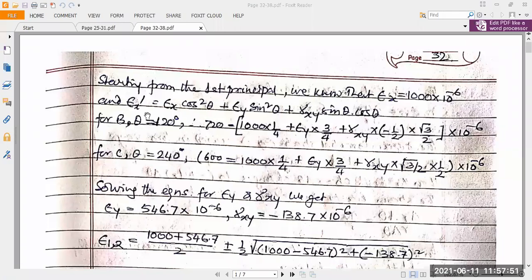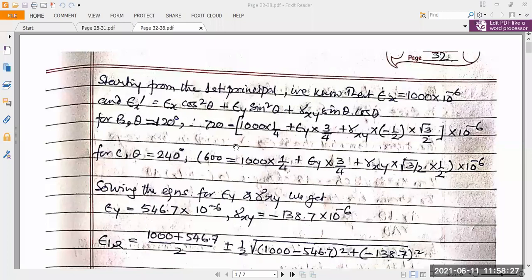The angle between PQ dash and PQ is equal to theta itself. So the strain along the x-axis times cos square theta, plus the strain along the y-axis times sin square theta, plus the shear strain gamma xy in the xy plane times sin theta cos theta, will give the strain of the line PQ dash itself.